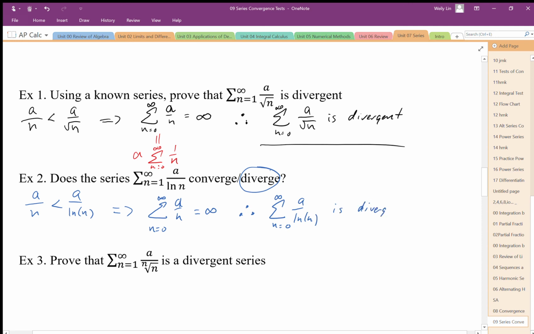Okay, and we've done a comparison test. It is a little bit informal. We have to make some statements and justify it, but really all we're doing is comparing them. As long as you can justify that comparison, we don't really need to write a huge formal argument.